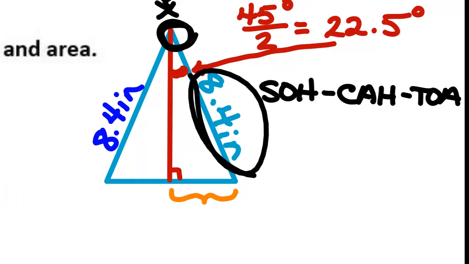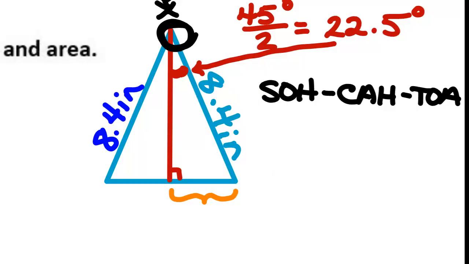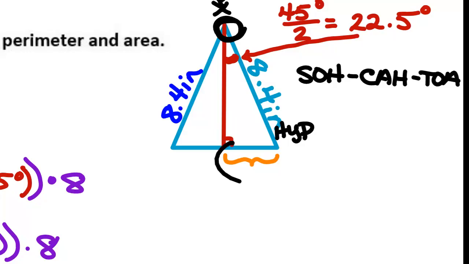The 8.4 right here, is that adjacent, hypotenuse, or opposite? That's the hypotenuse. The side that we're looking for, is that adjacent or opposite? Adjacent has to be touching my angle. Is it touching the angle that we're standing at? Nope, it's opposite because you have to go through the triangle to get there. That is my opposite side.